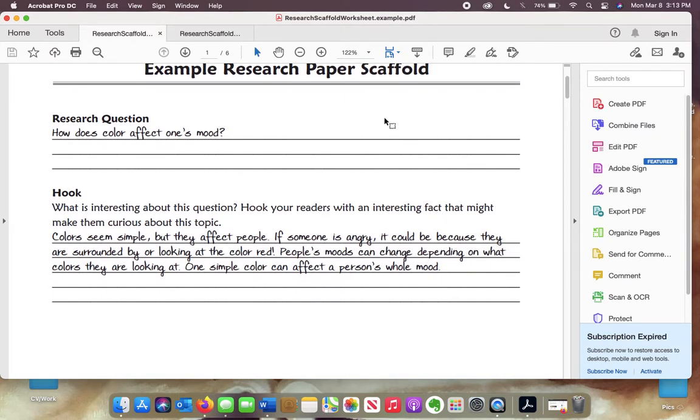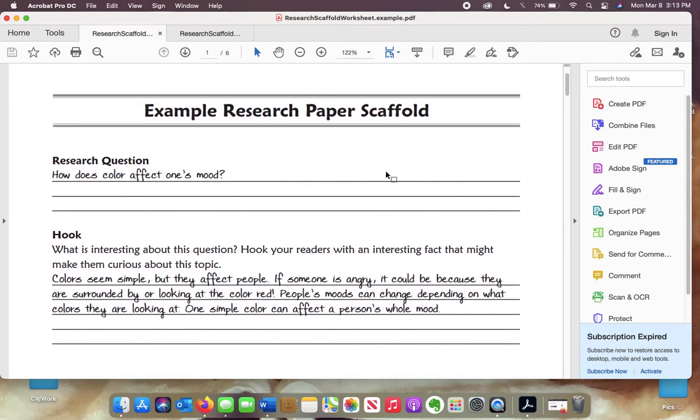I have one that's got all the stuff filled in for it, and then I've also got one that is blank, so you can use it for yourself. We're going to go over this and see how this works, and then I'm going to show you the example of what you'll be turning in on Friday.